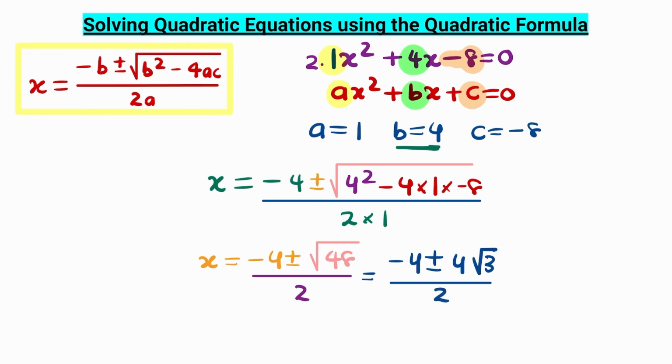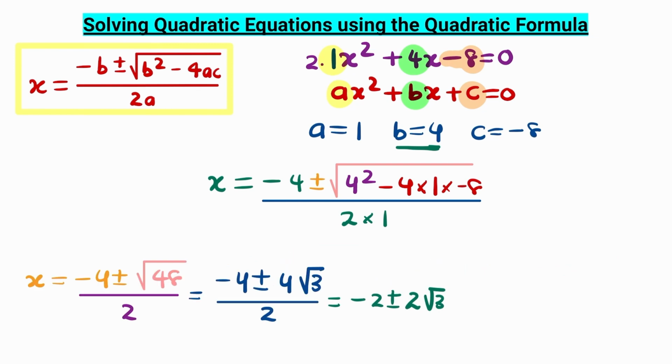Now again, can you see that we can divide all the terms in this equation by 2? What is minus 4 divided by 2? Minus 4 divided by 2 is minus 2. Plus or minus 4 root 3 divided by 2, it will be 2 square root of 3 over 2 divided by 2 is just 1. So we can just ignore the denominator because the denominator is 1.